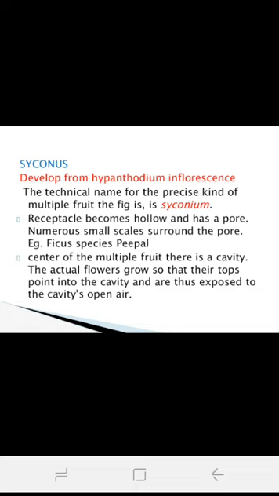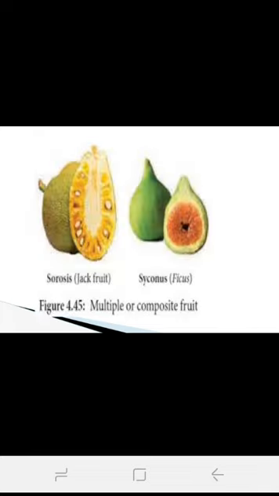The receptacle becomes hollow and has an opening. Numerous scales surround the pore. At the center of the fruit there is also a cavity. Actual flowers grow so that their tops point into the cavity. Fig fruit is an example. So this is sorosis and this is Syconus.